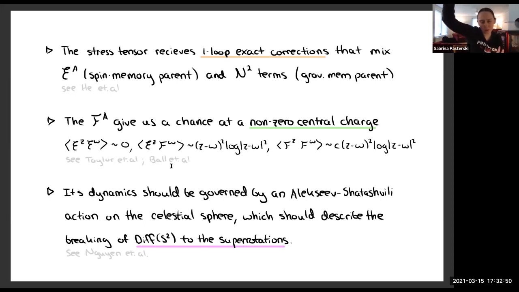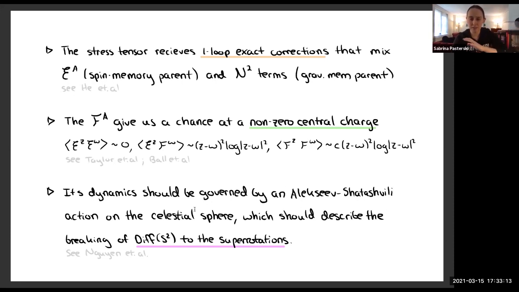It addresses the question of whether or not you should have looked at shadow modes. The shadow redundancies come from the fact that there's really this lower spin mode appearing there. This now connects to the story by Neugen et al., where you're looking at these reparameterization modes on the celestial sphere as being the dressing that you need to add.